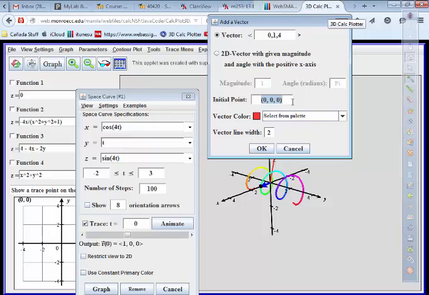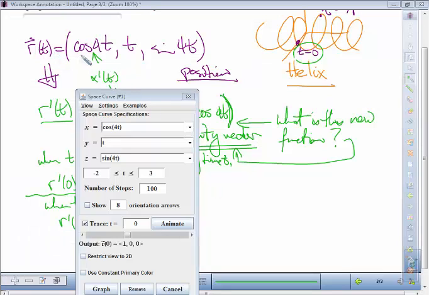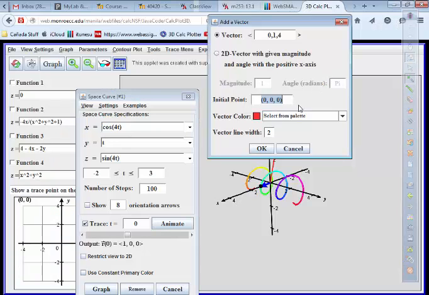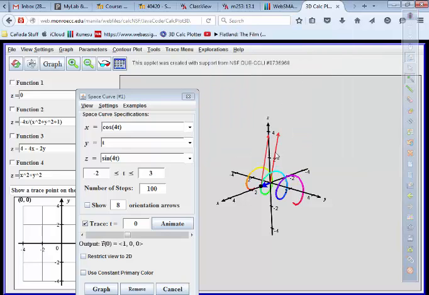I think it's at 1, 0, 0, right? If you take a look at your r value, when t is equal to 0, you put 0 in here, you get 1, 0, and 0. So let's do that. Let's put that vector and have the initial point at 1, 0, 0. So now I have that vector.